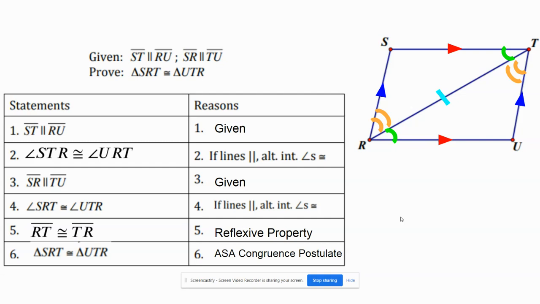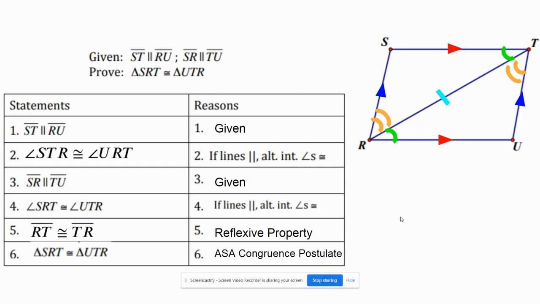And then from there, you can put in your given statements. And then if there's a reflexive property or vertical angles or something along those lines, you can start to build yourself to one of those congruence postulates. If you have 2 sides, then it's either going to be side, side, side, or side, angle, side. Those are our only options.